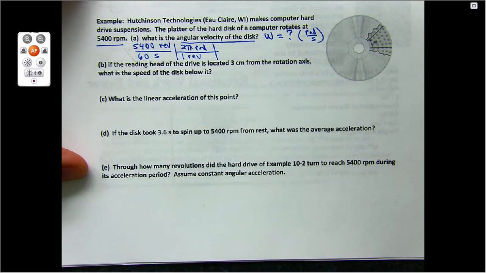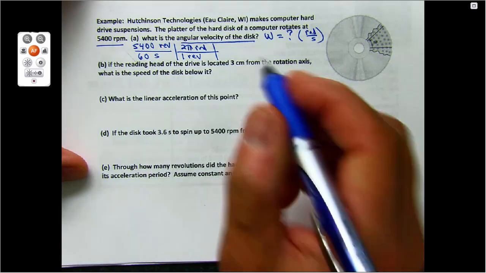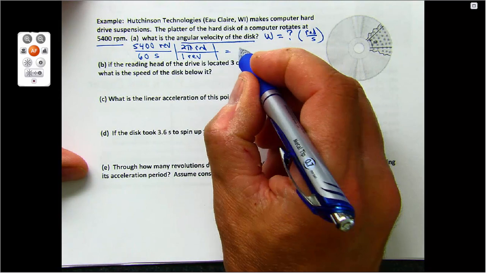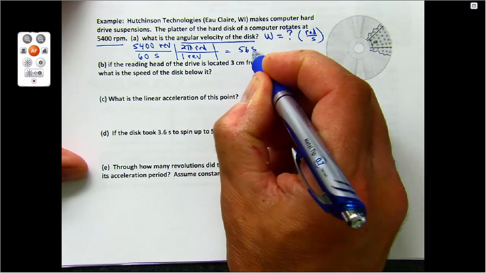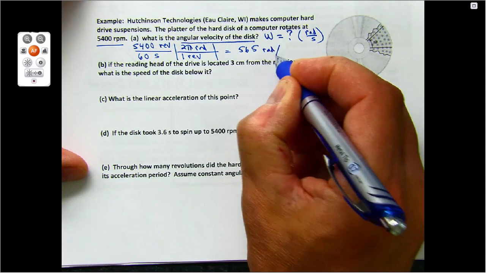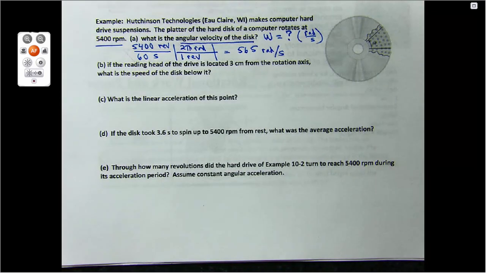This will give us units of radians per second, right? So this is sweeping out 565 radians per second.